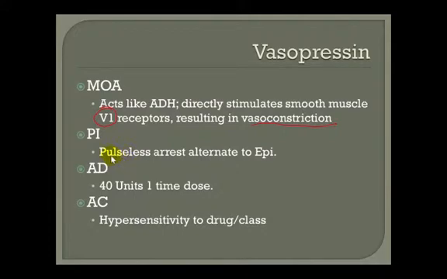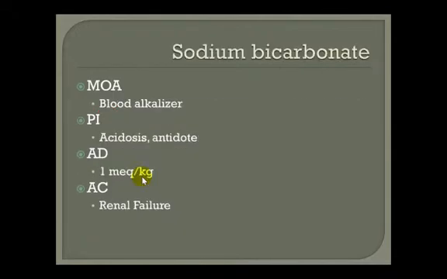It is an alternate to epinephrine, but we can only use it in the first 10 minutes, and that's because after that, they're probably out of those catecholamine stores. The adult dose for this is 40 units, and it's a one-time dose. And the absolute contraindication for this is going to be pretty much a hypersensitivity to the drug class, or if they've had this before and it's given them major hives, we probably wouldn't want to give it to them again.